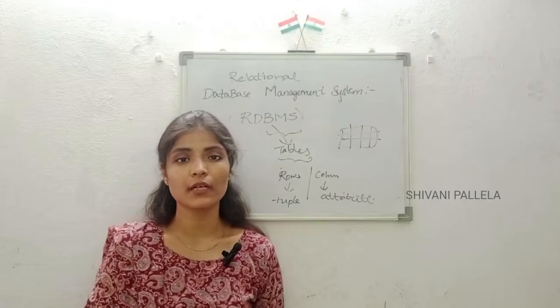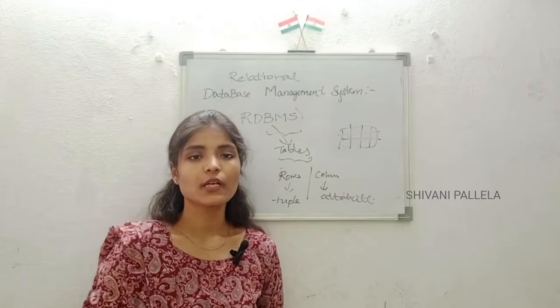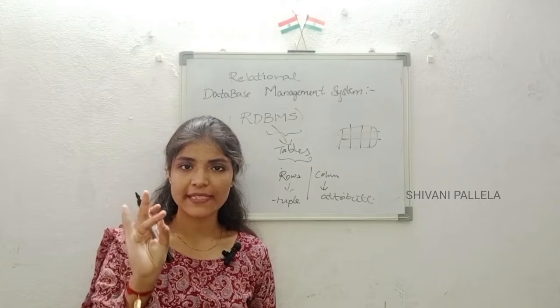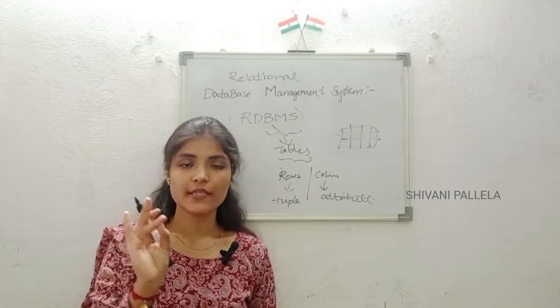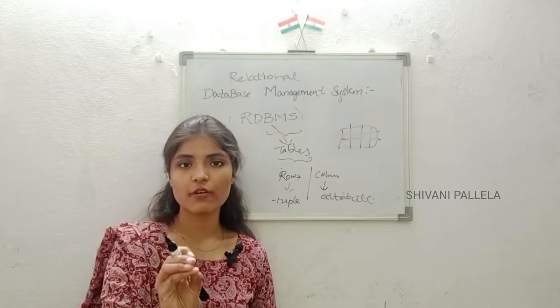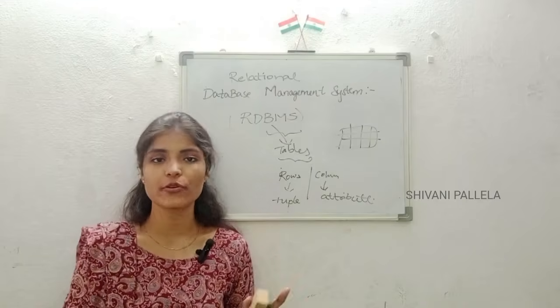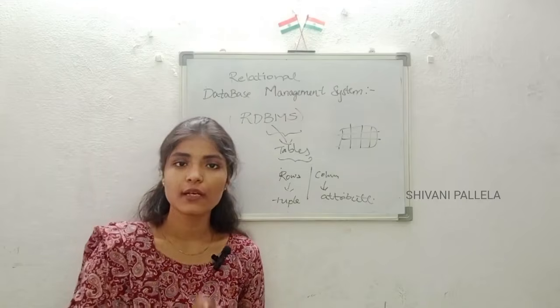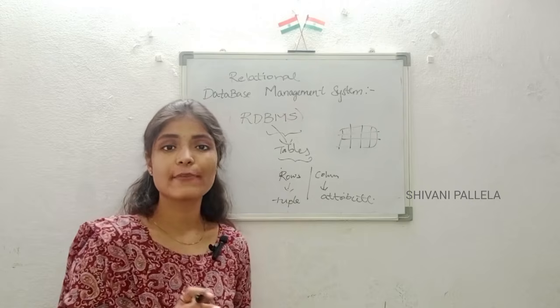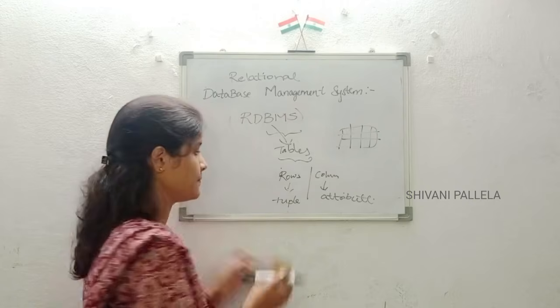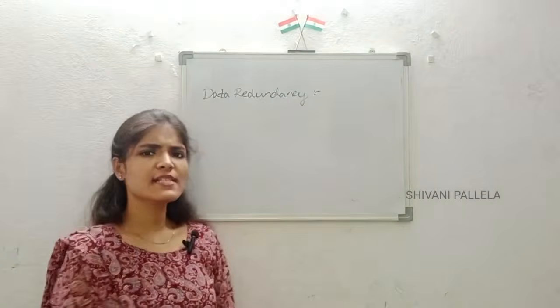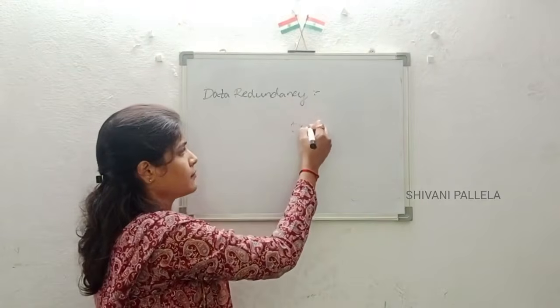Now another heading you should know: data redundancy and data integrity. These are certain words which you will use in this particular subject. You should know the meaning of those words. Now we will discuss data redundancy. Data redundancy is nothing but duplication.